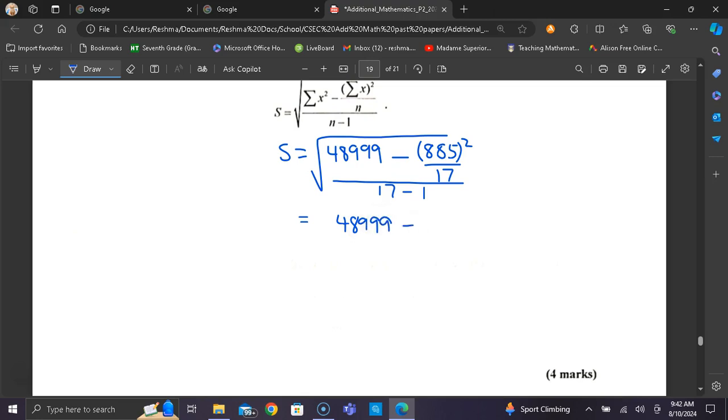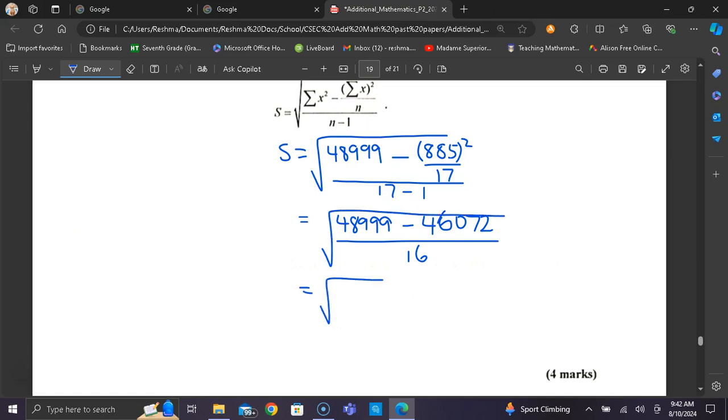Let's work out 885 squared. That's 783,225. I'm going to divide that by 17, and I get 46,072. I'm going to round it off to the nearest whole number. And of course, 17 take away 1 is 16. Remember I'm finding the square root of all of that.